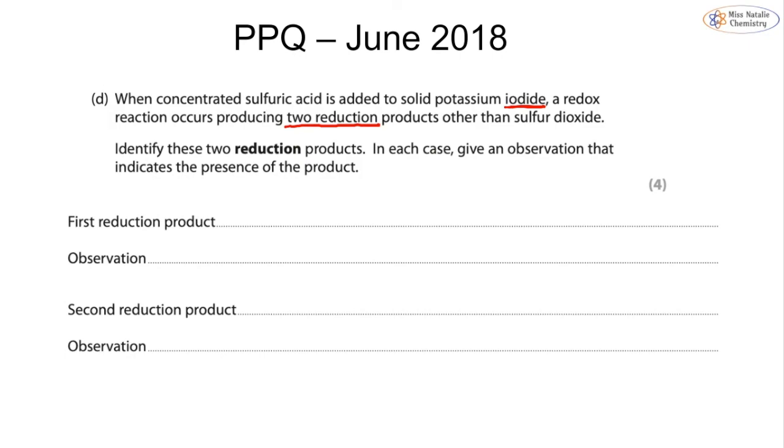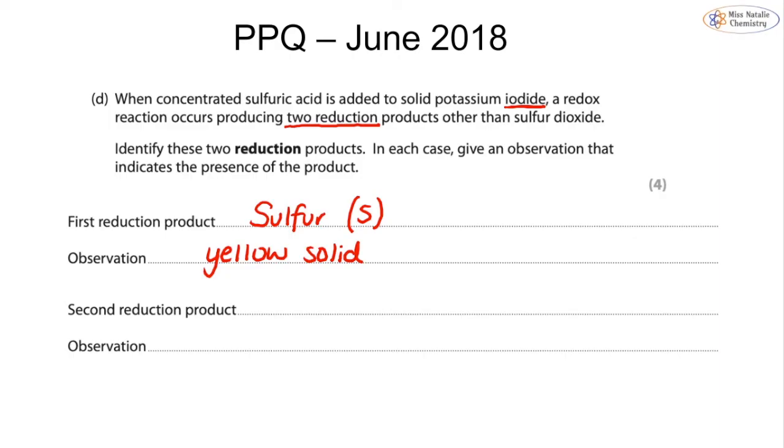So this is going back to that table that we looked at a while ago. And so we make sulfur dioxide. We're also going to make sulfur, or you can write the formula as S, and this is going to be a yellow solid, and you have to be specific that it is a solid. You can also write precipitate.